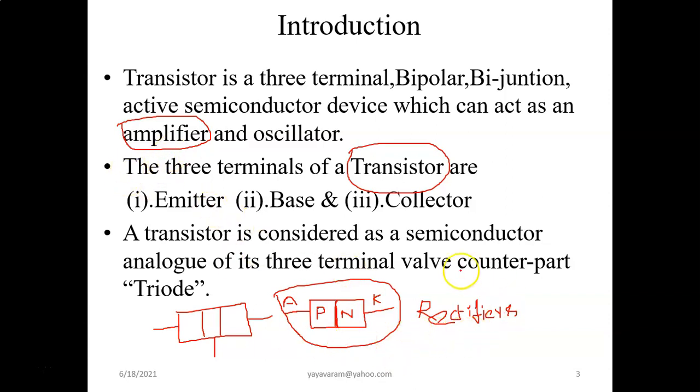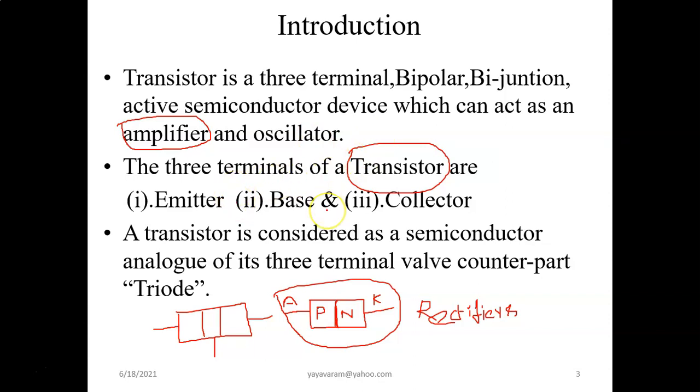They will act as rectifiers or regulators or some control devices, detectors or any other, but they cannot act as amplifiers. Only three-terminal devices which you will come across in future classes, that is your bipolar junction transistor or field effect transistor or any other device, can act as amplifiers.